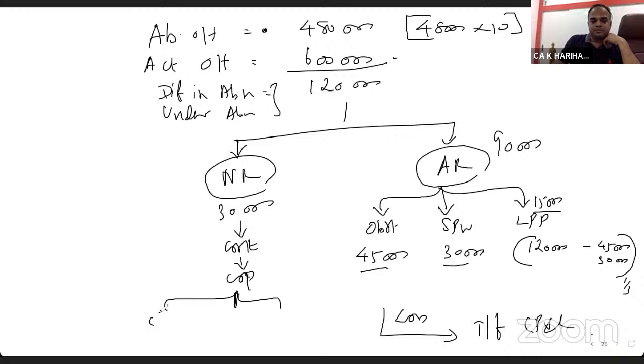Based on closing stock of finished goods, based on closing stock of WIP, and based on number of units sold. In that ratio, we have to apportion.